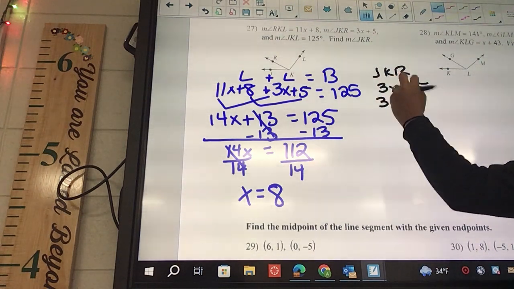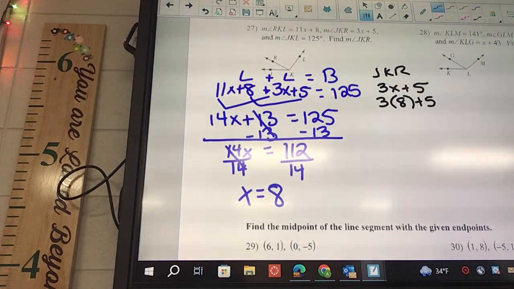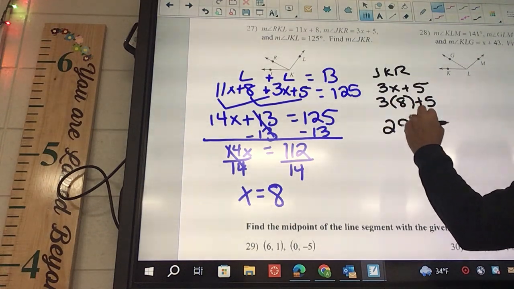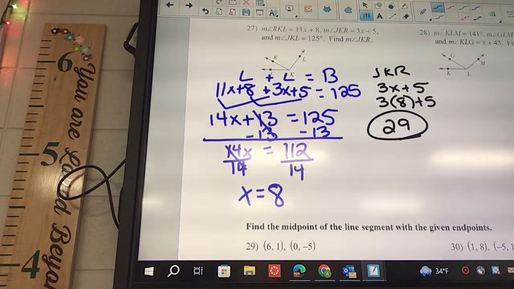So it's going to look like 3 parentheses 8 plus 5. Type that in your calculator. See what you get. 29. 29? Yay.